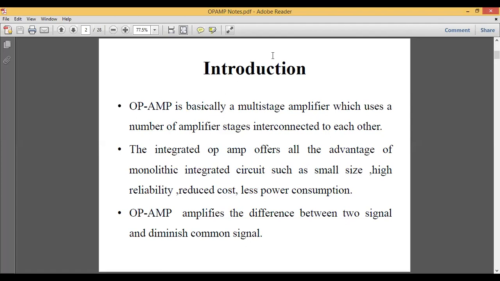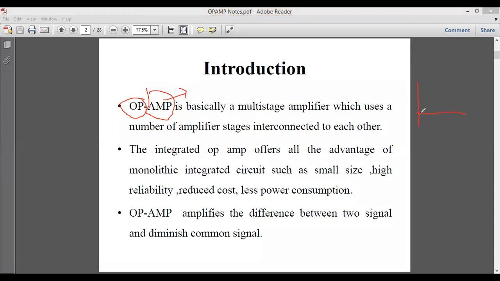Now, first let me tell you, if you divide these two words into two parts, one is operational and another is amplifier. So the basic operation of your amplifier is nothing but a device which amplifies the signal. What do you mean by amplification here?